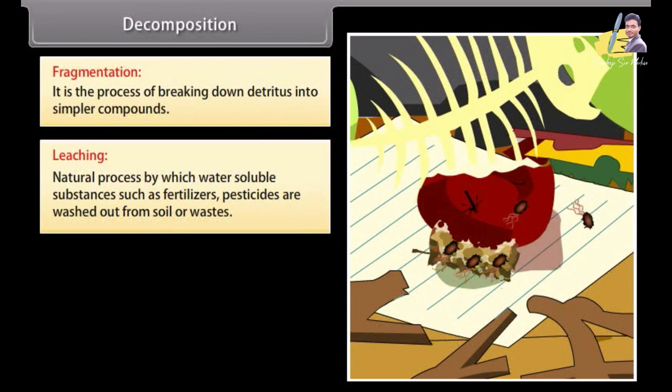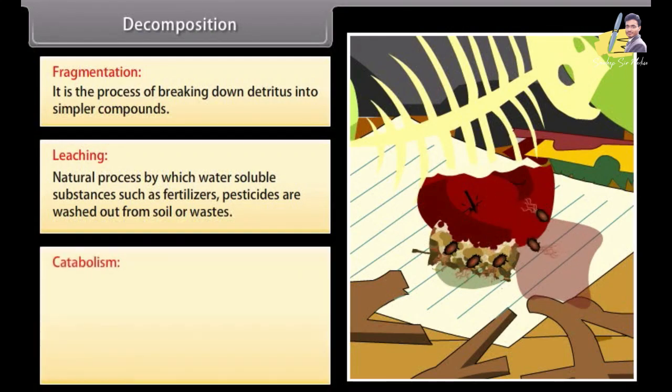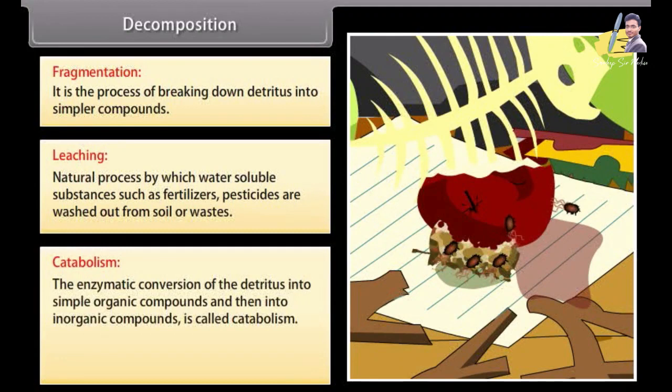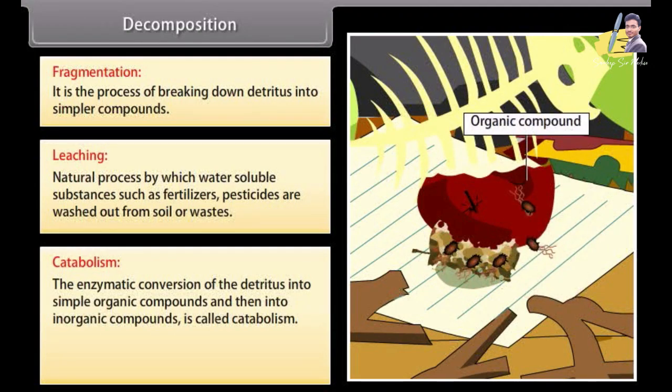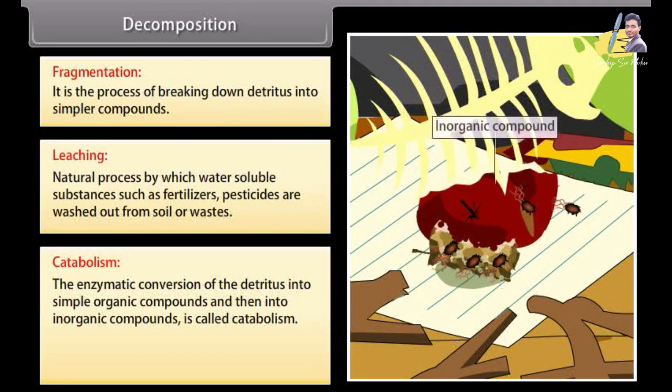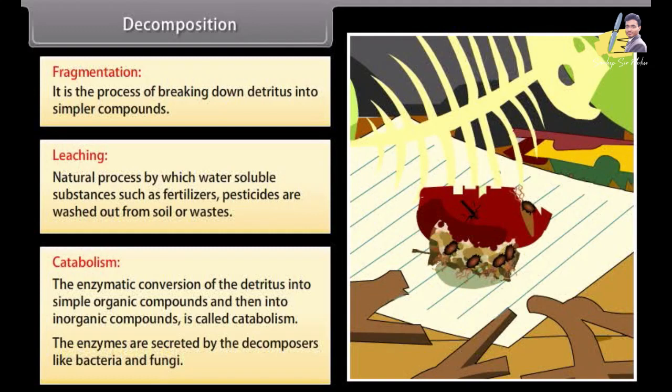Natural process by which water-soluble substances such as fertilizers, pesticides are washed out from soil or wastes. Catabolism. The enzymatic conversion of the detritus into simple organic compounds and then into inorganic compounds is called catabolism. The enzymes are secreted by the decomposers like bacteria and fungi.